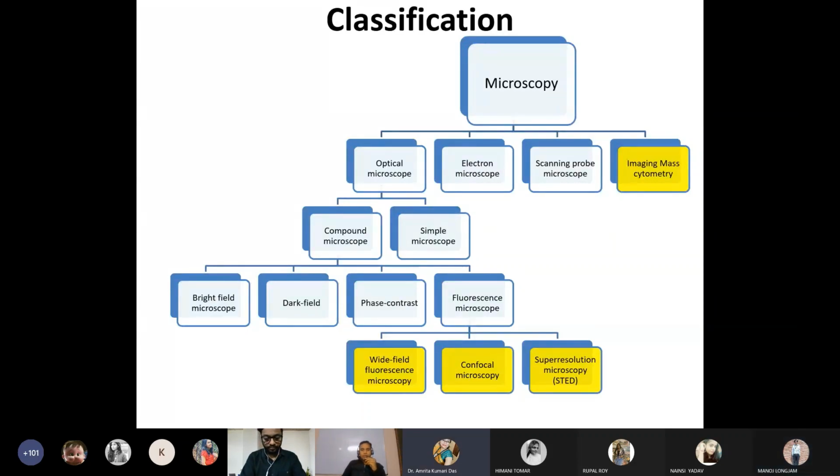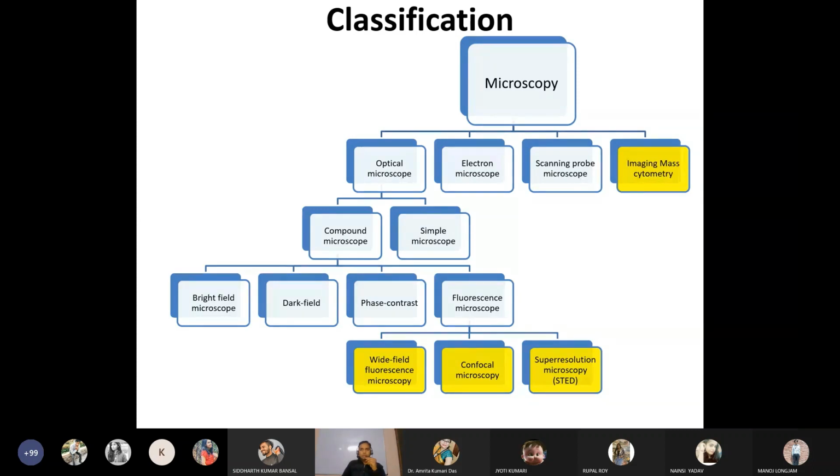So till date, it has evolved a lot, and we have many microscopes to discuss about. But today we are going to discuss some of the aspects of how the colorful imaging is done.